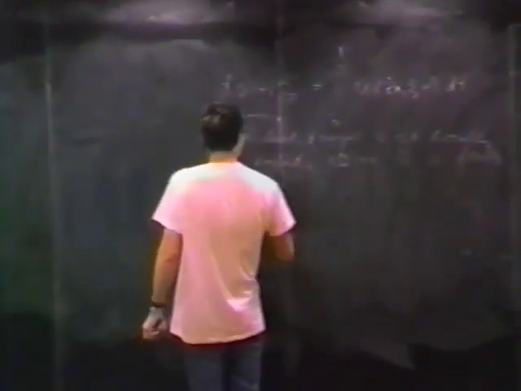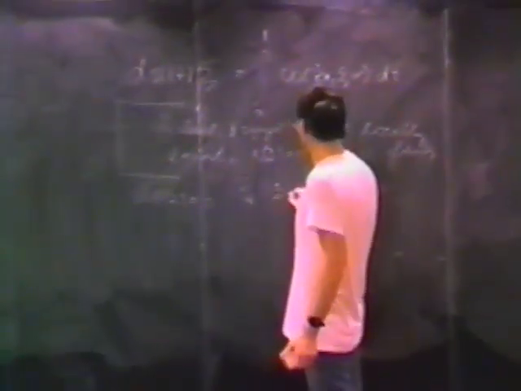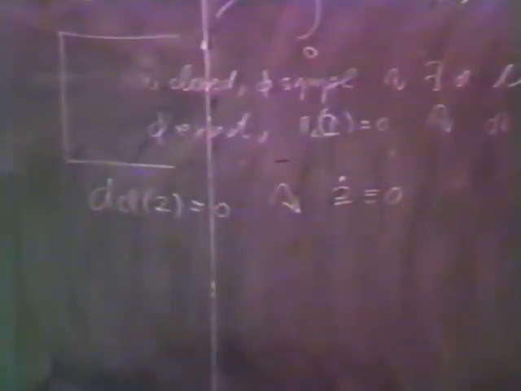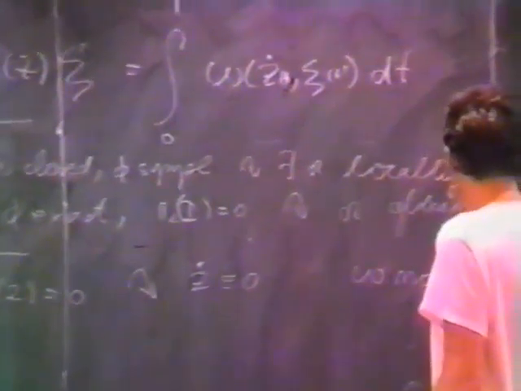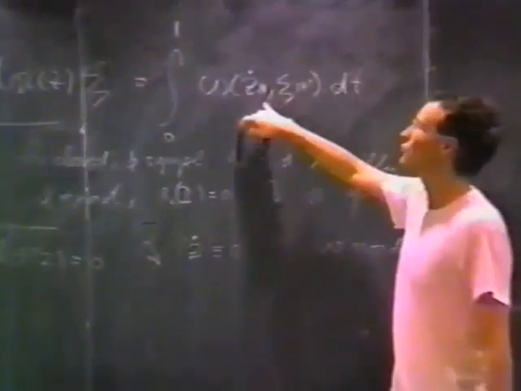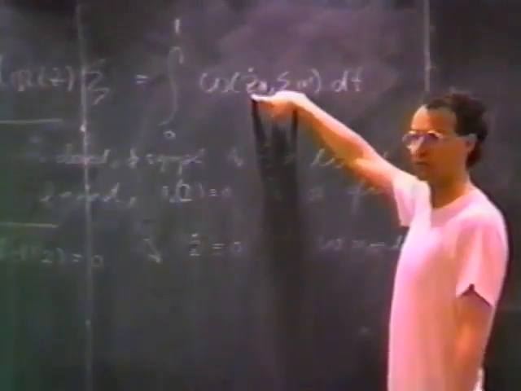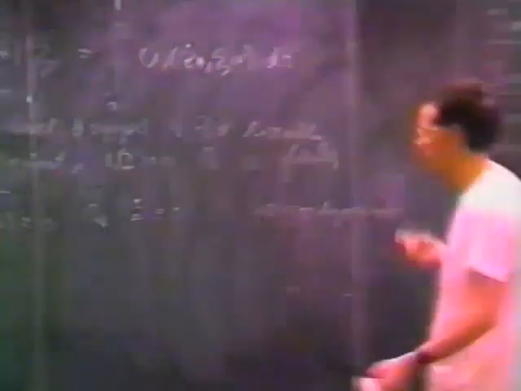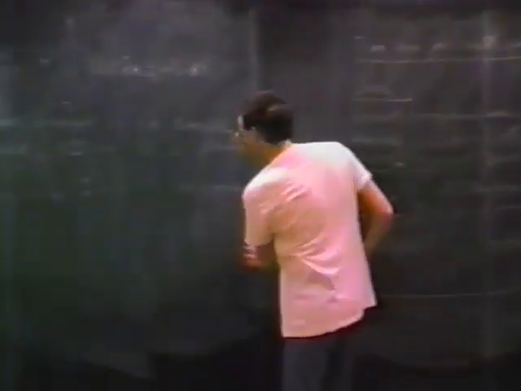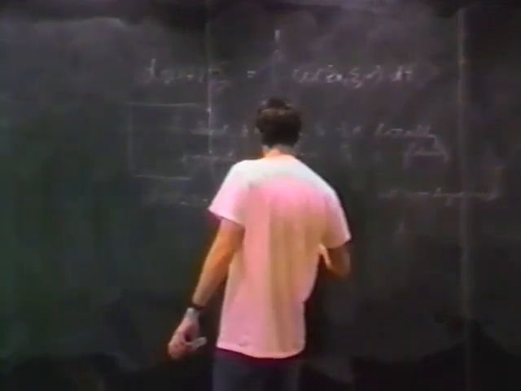If dA of z is 0, then this can only be if z dot vanishes identically, because this form omega is non-degenerate. If z dot is not zero at any point, I can always find a xi so that omega of z dot and xi is non-zero, and then it's like the fundamental lemma of calculus of variations. In any case, z dot has to be equal to 0, and that implies that z is just constant.